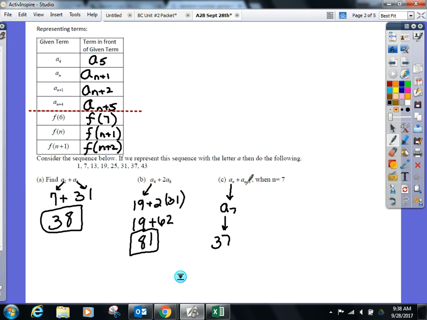And now what's this a subscript n minus 3? That's 3 terms before the 7th one, isn't it? 3 terms before the 7th one gives me what term? 4th term. And the 4th term? 19. And we end up with 56.